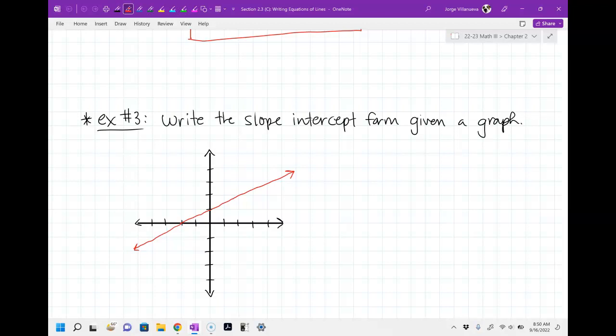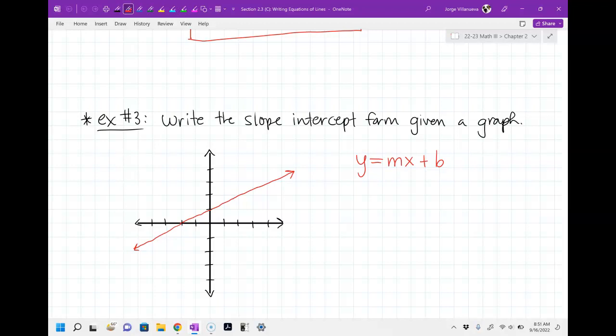So what they want me to do is write the slope-intercept form of this graph. Remember, the slope-intercept form is y equals mx plus b, right? So what 2 things do I need? Say a little louder. What 2 things do I need? In order to finish this problem, what 2 pieces of information do I need to know?